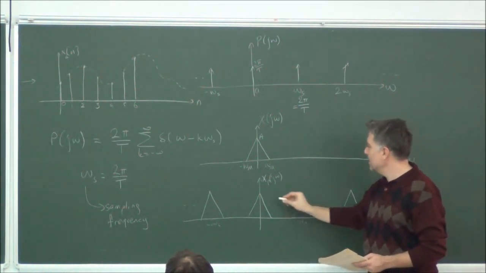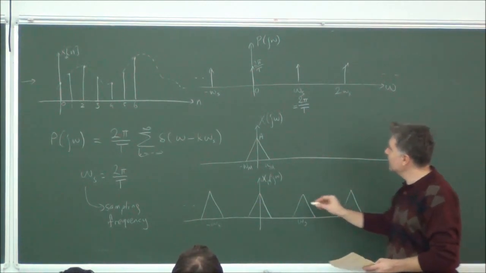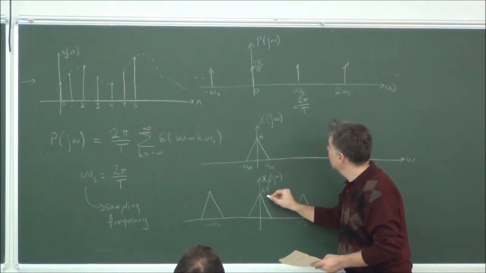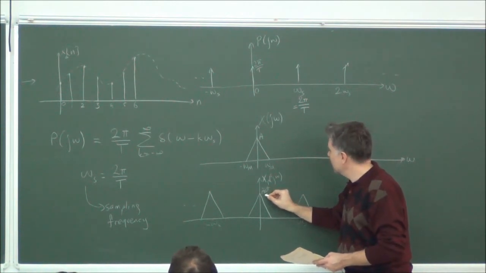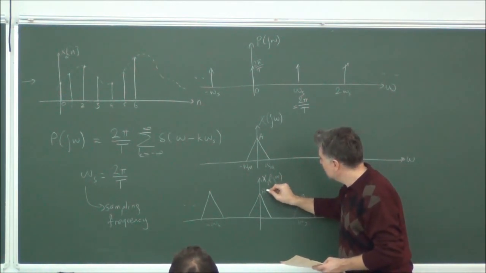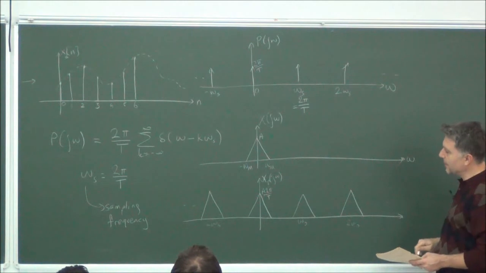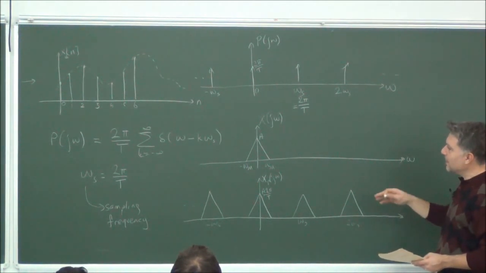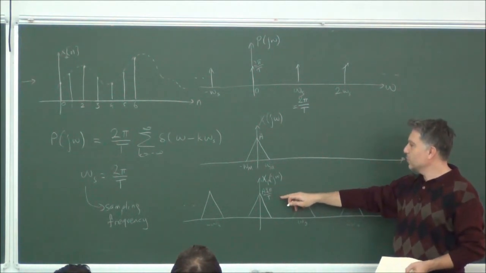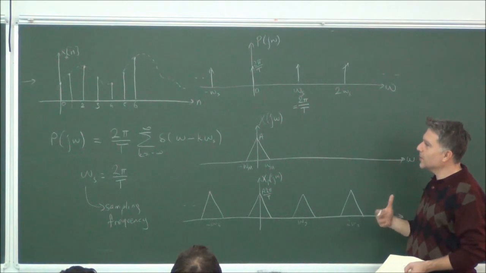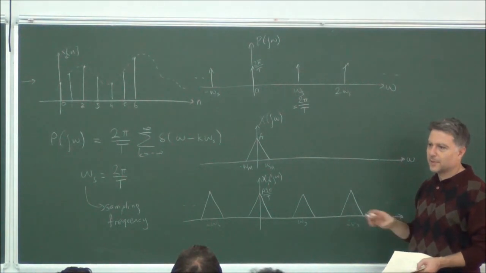Let's say it's A. So the peak value will be A times 2 pi over capital T. For the time being, I'm not very much interested in what this value is, because what I'm more interested in is to be able to go back to the original from this.